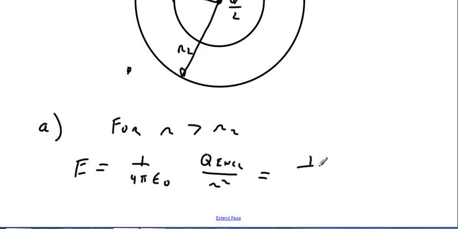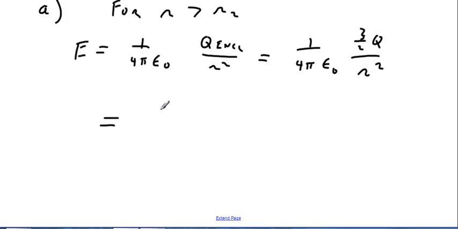So that's going to be 1 over 4 pi epsilon naught 3 halves Q divided by R squared, and we would write that as 3Q over 8 pi epsilon naught R squared.